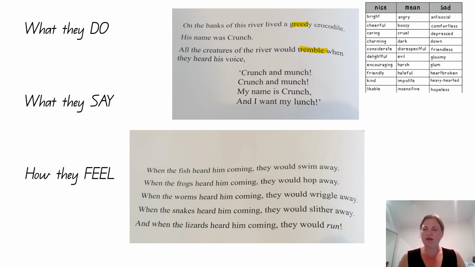I don't think if Crunch was a nice character, the other animals would swim, hop, wriggle, slither, and run away. So what Crunch was doing in the story, yelling at the other animals and making them tremble, is showing me that he has been a mean character in this story.